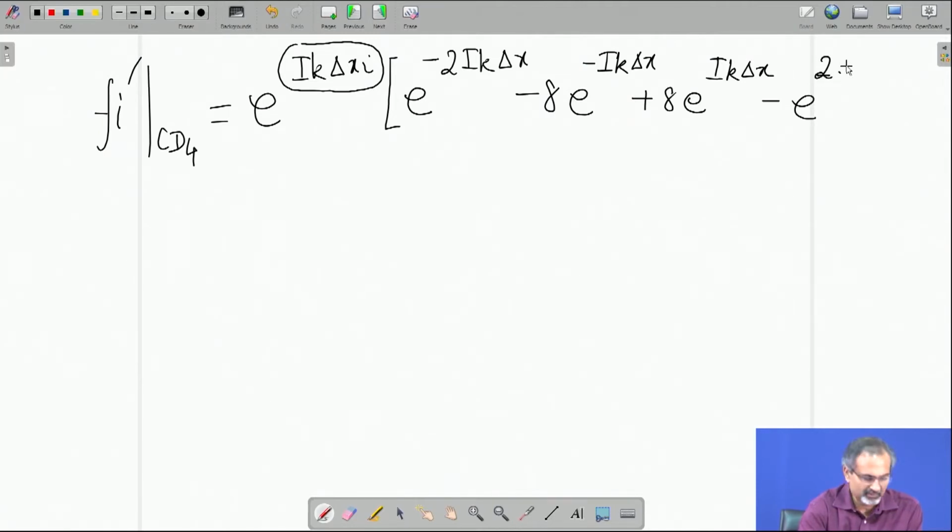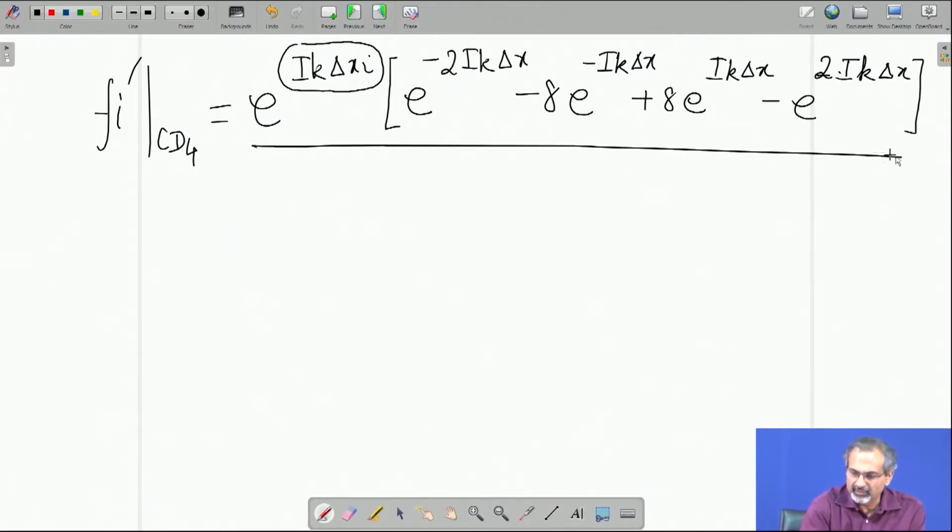This would be plus 2 capital I k delta x, the whole divided by 12 delta x. That will be the expression.